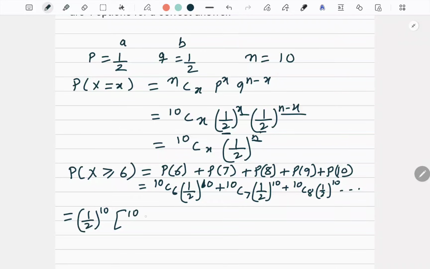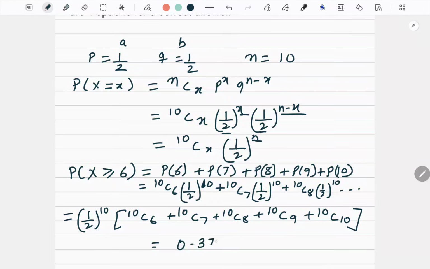In the bracket I have 10C6 plus 10C7 plus 10C8 plus 10C9 plus 10C10. So now take out your calculator and calculate the value of 10C6 plus 10C7 plus 10C8 plus 10C9 plus 10C10 and multiply it by 1 upon 2 to the power 10. You will get 0.377, which is my answer.